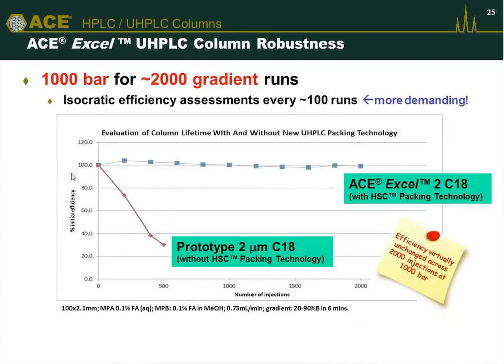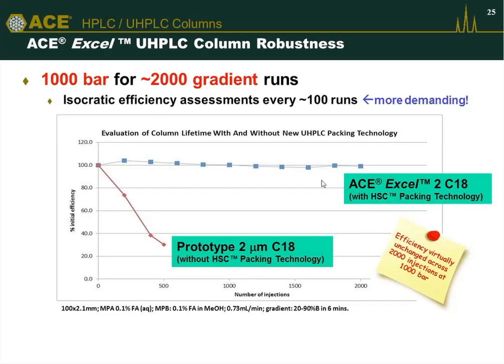And here are the data that we developed. On the y-axis here we have the percentage of initial efficiency from when we started the run. On the x-axis here we have the number of injections. And I like showing this slide because this is the early days when we were developing the technology and the UHPLC phases. You can see that in the early days we realized we would have to change our hardware, the way we pack these columns, to make sure we got the robustness of this stationary phase, and for the columns for UHPLC type pressures.